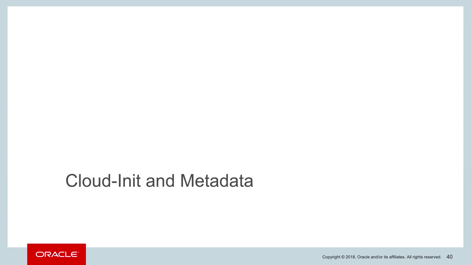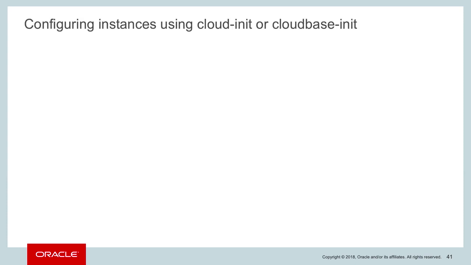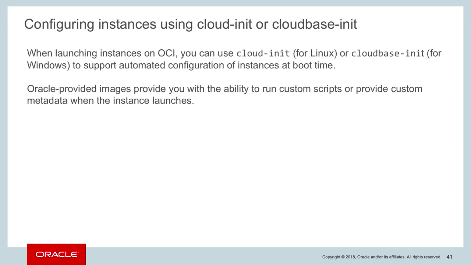All right, so let's talk about cloud-init and metadata, and understand how that works. Users often want to do some configuration to the instance during the launch, when you're creating the instance and right after the machine just booted up.